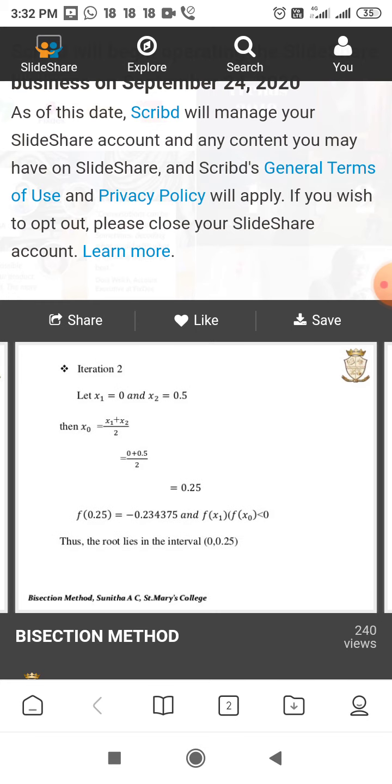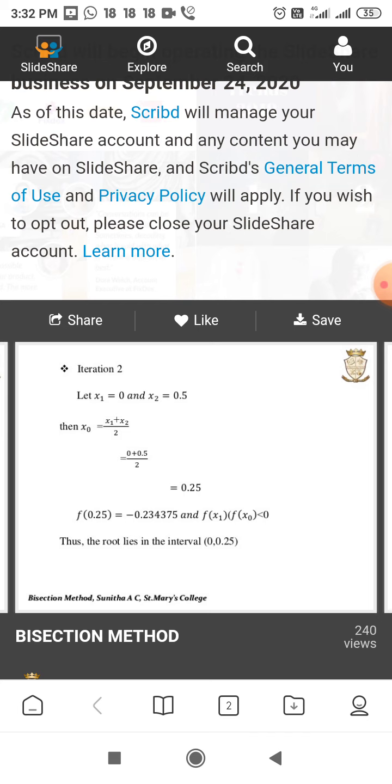Again, halve the interval 0 to 0.5. Adding 0 and 0.5 and dividing by 2 gives 0.25. Again, putting the value 0.25 in the expression gives a negative value again.